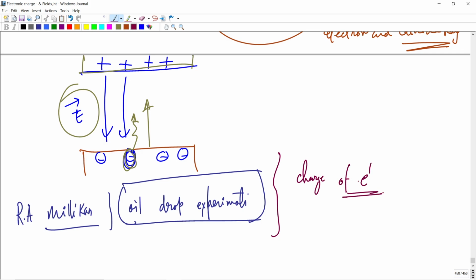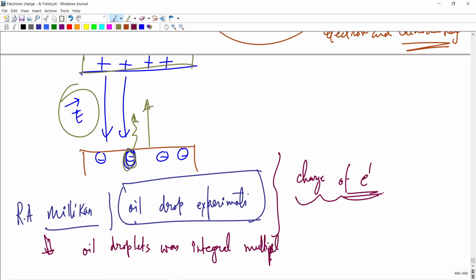Okay, and he found that the charge of an oil droplet was an integral multiple of the elementary charge. The charge of an electron is an integral multiple of the elementary charge.